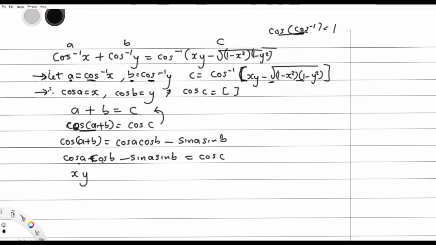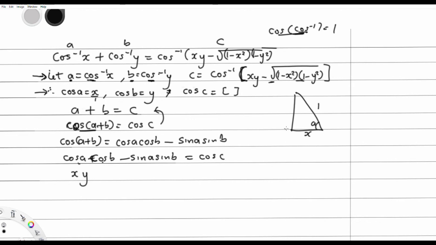But we don't know sine, so let's just quickly draw a triangle for that. If this is a, and cos a is x, that's adjacent over hypotenuse x. That means the hypotenuse is 1. So at the end of the day, what should this side be? Then you quickly do Pythagoras theorem.